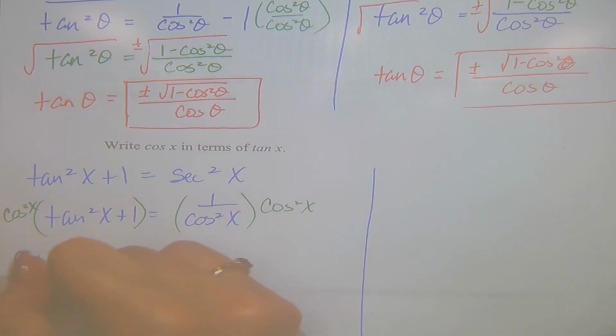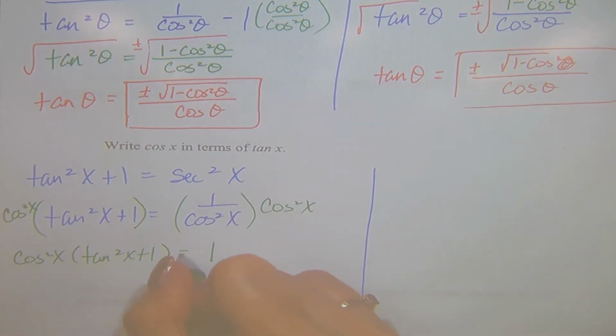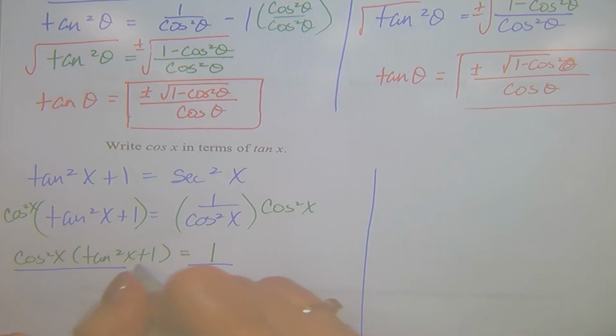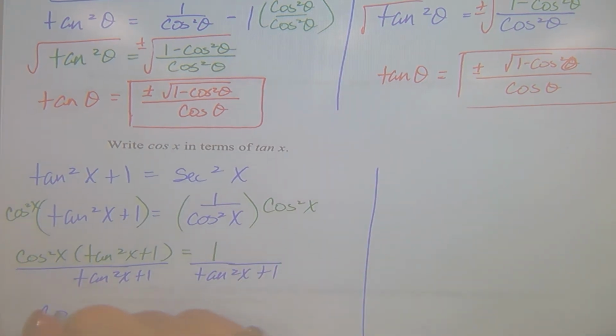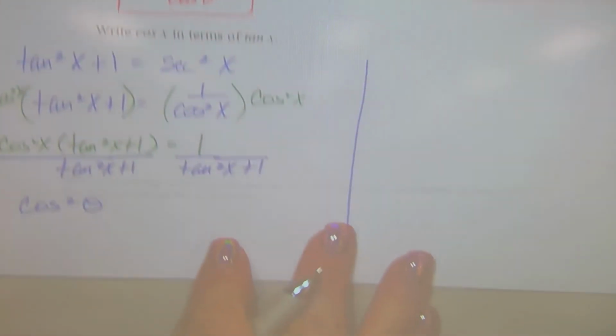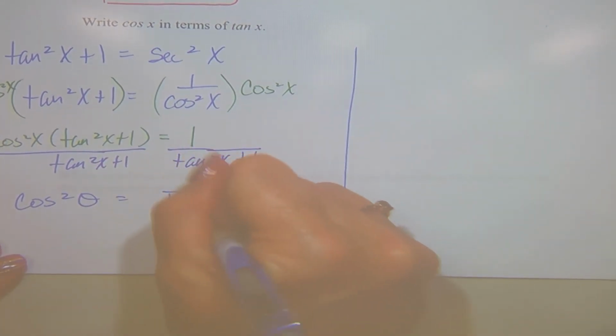So that I have cosine square x times tangent square x plus 1 equals 1. And then I need to divide by this tangent square x plus 1 so that cosine is by itself. So I've got cosine square x is equal to 1 over tangent square x plus 1.